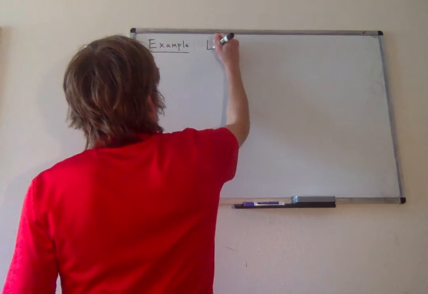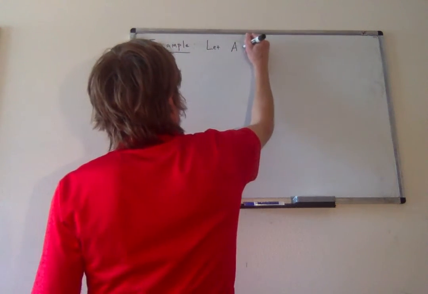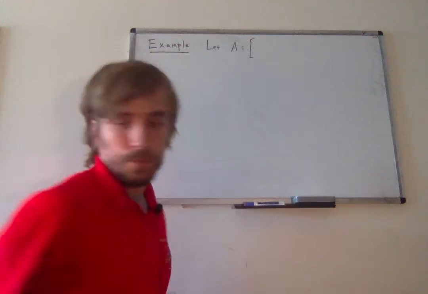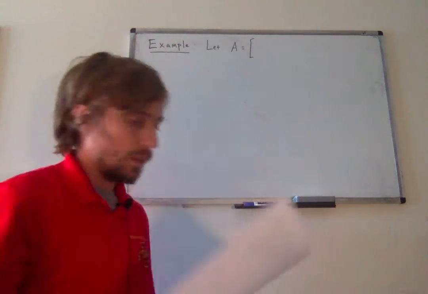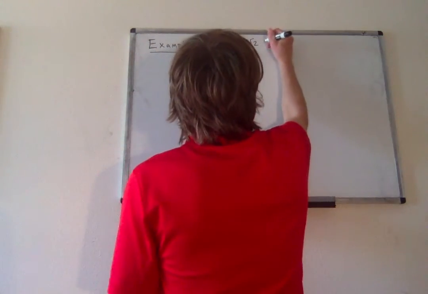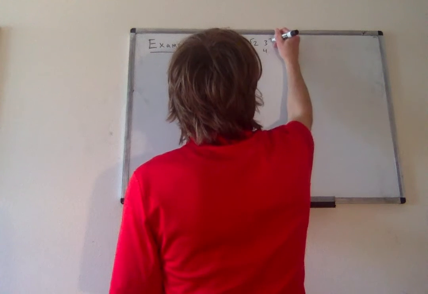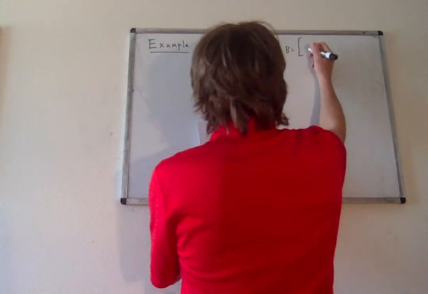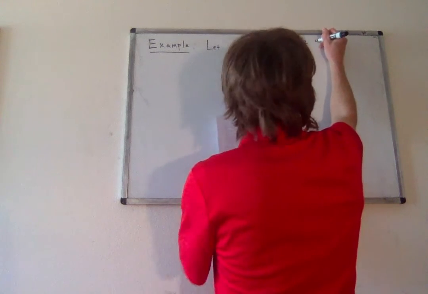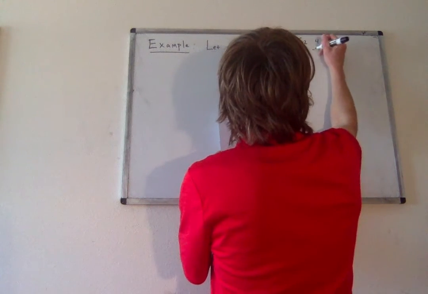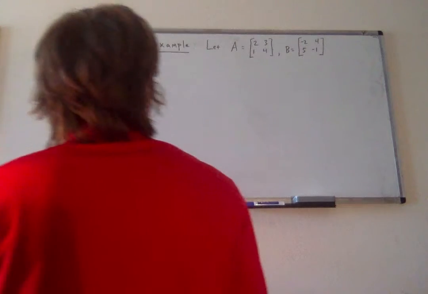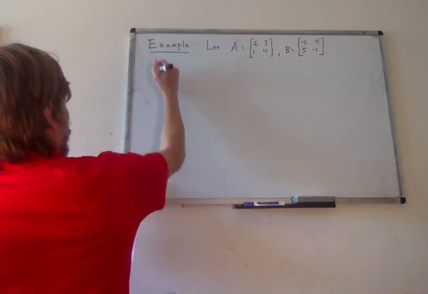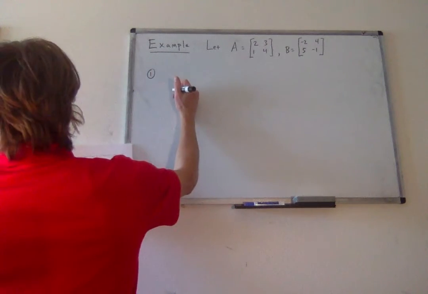So we're going to let A be the following matrix: 2, 3, 1, 4. We're going to let B be the matrix -2, 4, 5, -1. And we want to calculate the following 4 things.